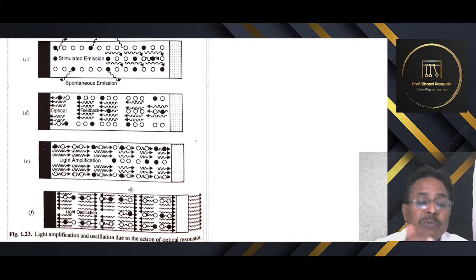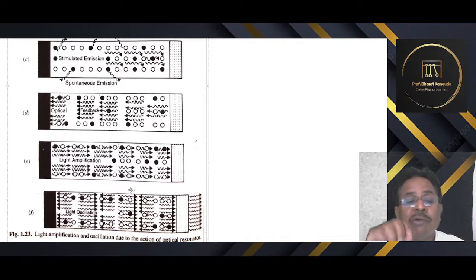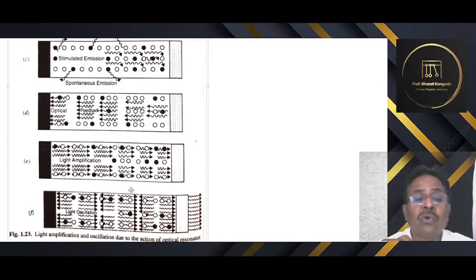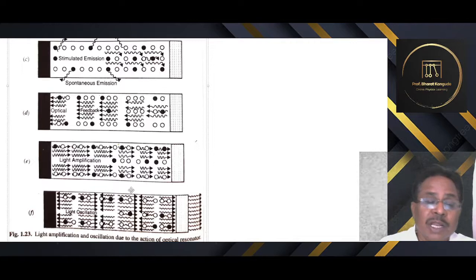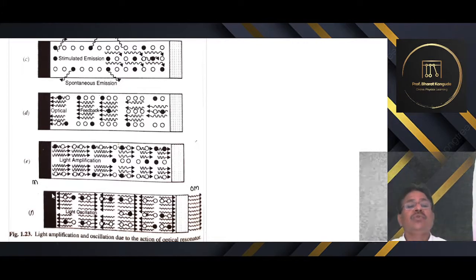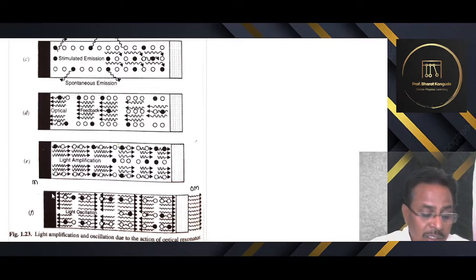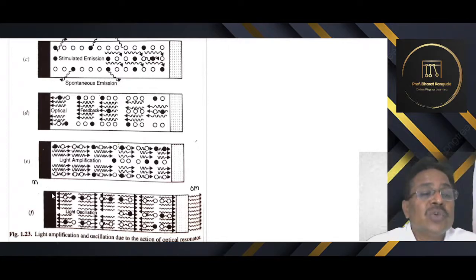And when this light oscillation, that's your final diagram F, reaches a certain level, a large number of photons comes out of mirror M2 or OM. That is shown by diagram F. So this is mirror OM and this is mirror M in every diagram. That is how the operation of this optical resonator takes place as shown by this diagram.